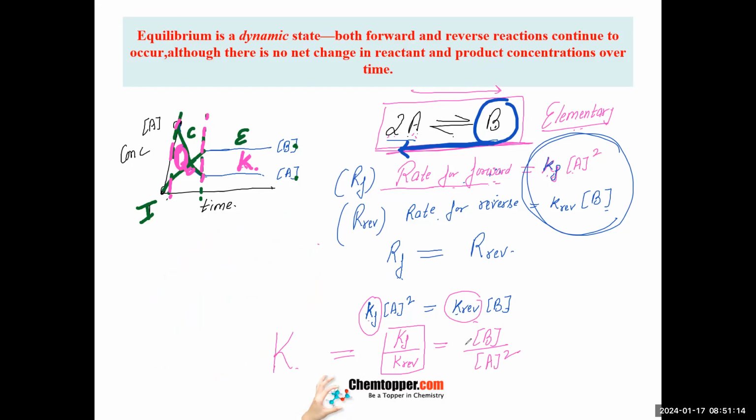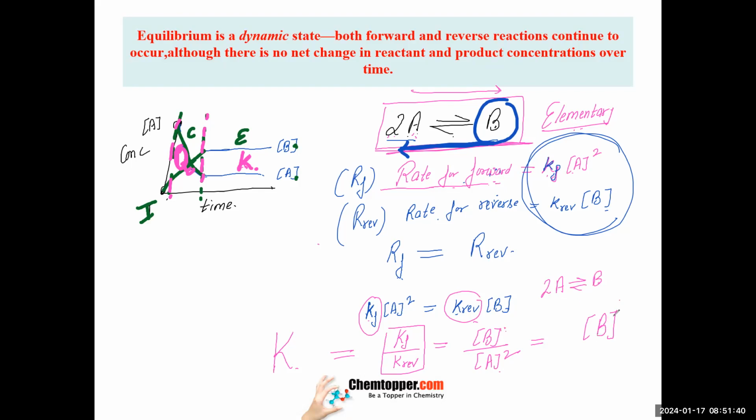So what is the equilibrium constant? The equilibrium constant is the ratio of the concentration of the product raised to the power of its coefficient, not the order, the coefficient in the balanced equation. Remember the balanced equation was this, 2A in equilibrium with B. So what is the product?